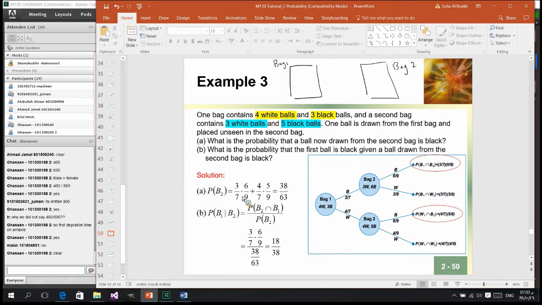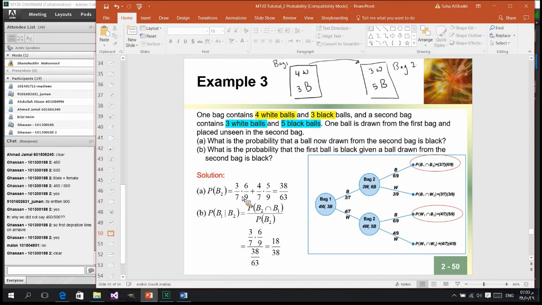Bag 1 contains 4 white balls and 3 black balls. Bag 2 contains 3 white and 5 black. What I'm doing here: I took 1 ball from the first bag and placed it in the second bag without looking at it.